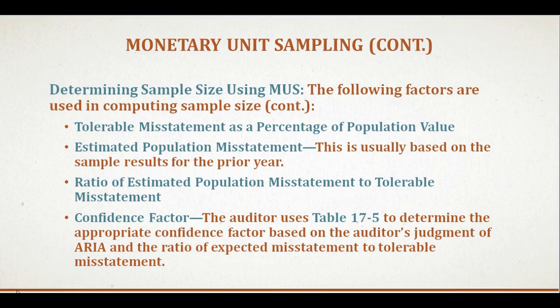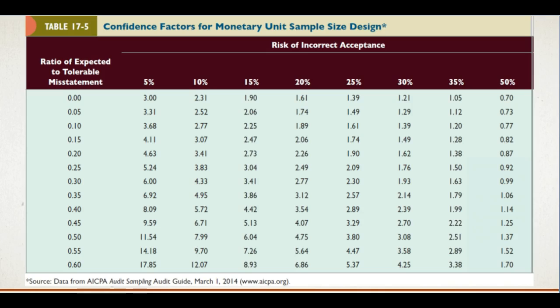The auditor uses data similar to what is shown in Table 17-5 on page 578 of your textbook to determine the appropriate confidence factor based on the auditor's judgment of acceptable risk of incorrect acceptance and the ratio of expected misstatement to the tolerable misstatement.